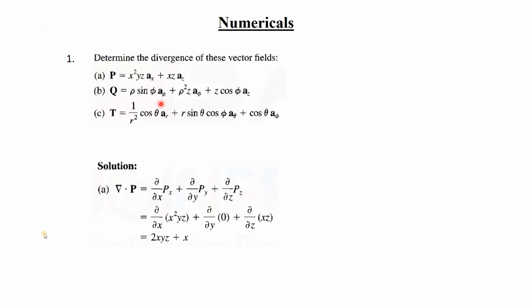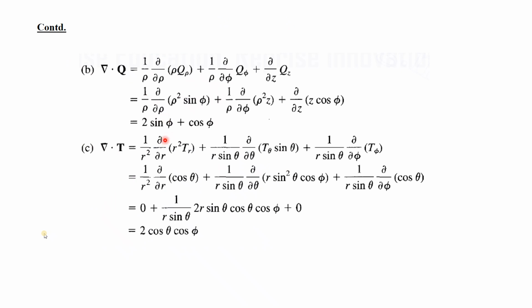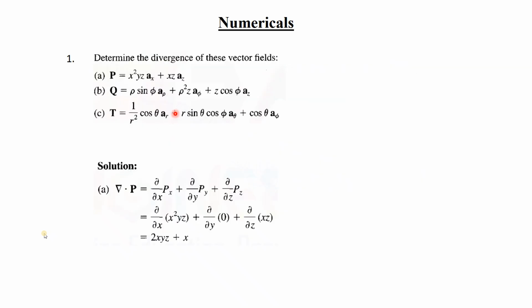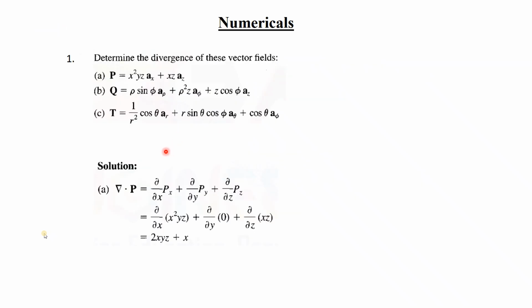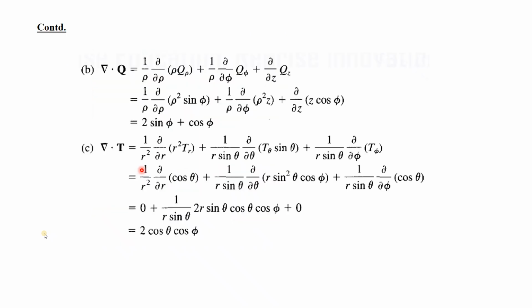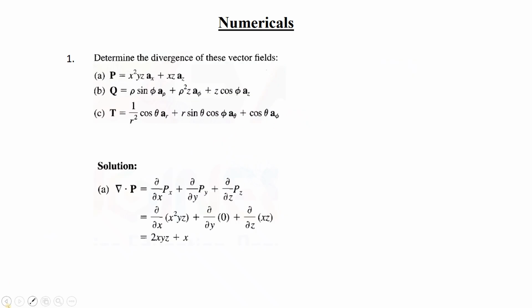Now Q rho means the rho-th coordinate. It is rho sine phi. So the partial derivative of rho sine phi with respect to rho becomes, actually, it is rho square, I think. Okay, so it will be rho square. I think there is a printing mistake. Let me correct it.